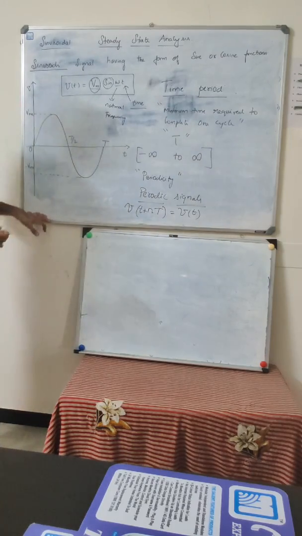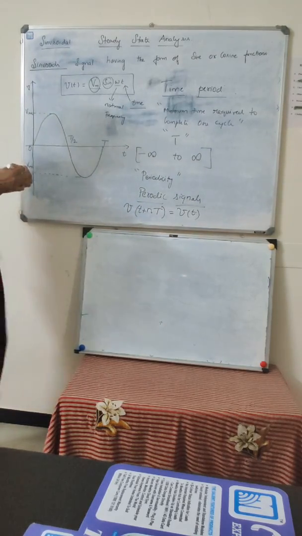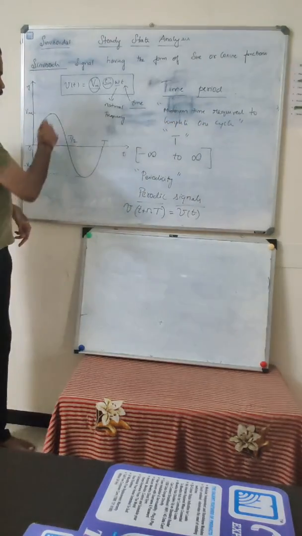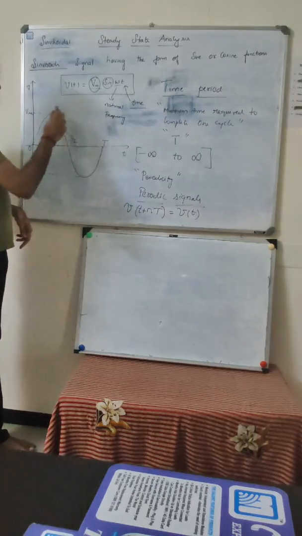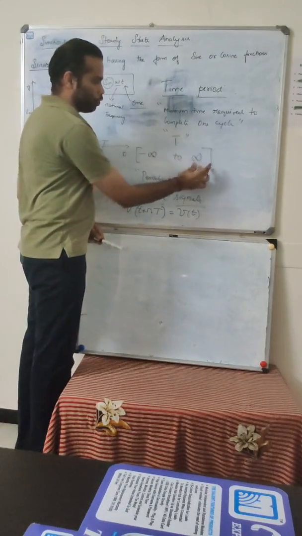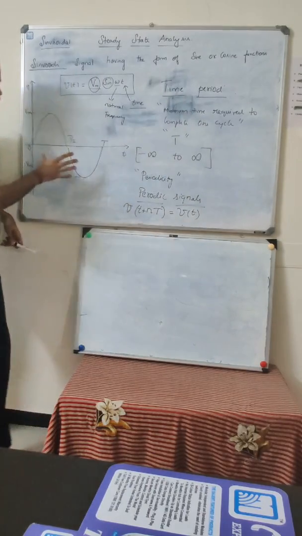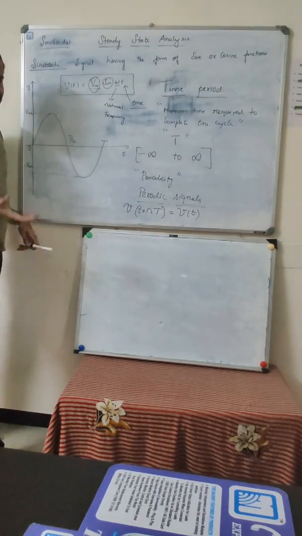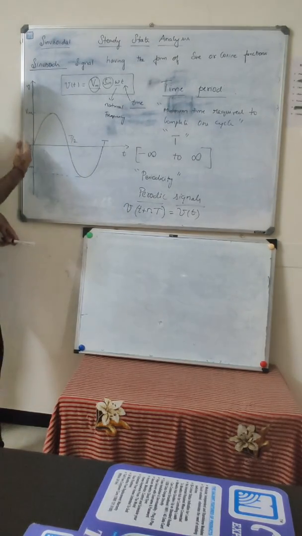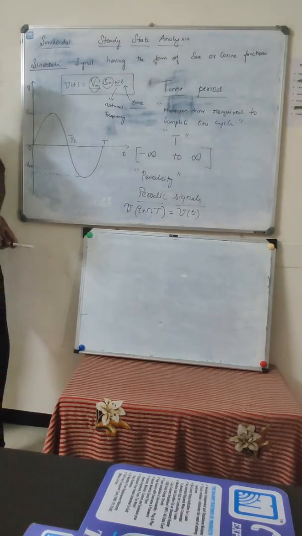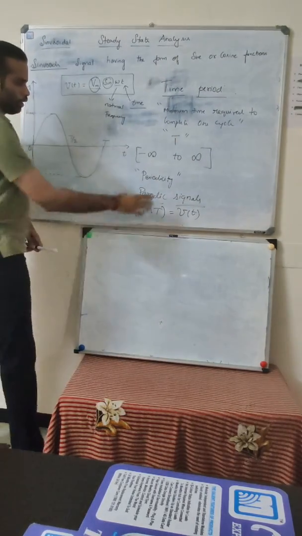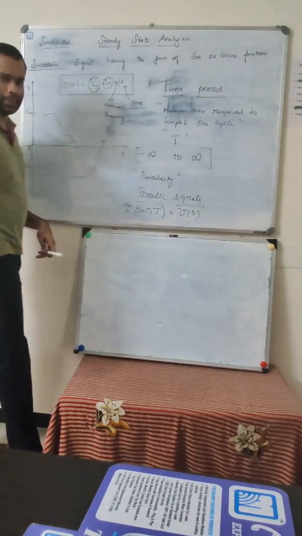So just keep things in mind. What is time period? Nothing but the minimum time required to complete one complete cycle, meaning both the positive and negative cycle. And as it goes from minus infinity to plus infinity, this signal will never get altered. The shape of the signal remains the same on the negative x-axis or the positive x-axis, and this represents the periodicity.